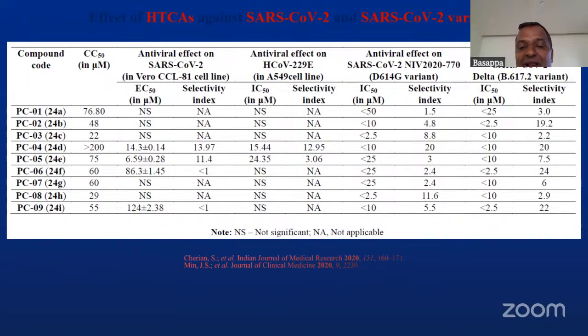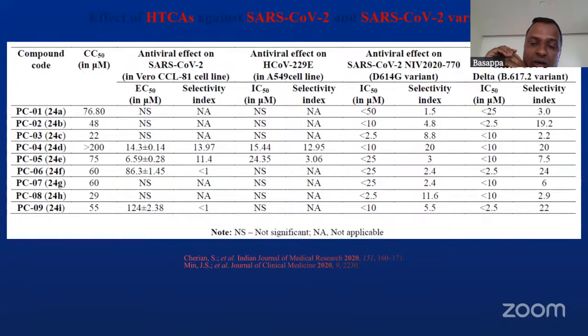Interestingly, these compounds have also been tested with the coronaviral variants. Like you can see in the last column, the SARS-CoV-2 Delta B.1.617.2 variant also, which they have used, and whose IC50 has been given over here. So overall, the study was found to be unique and a good template for new drug development.